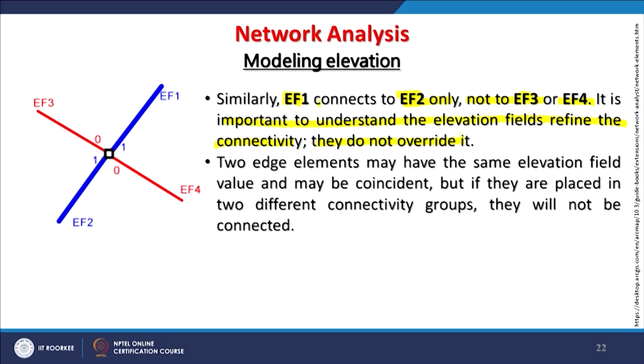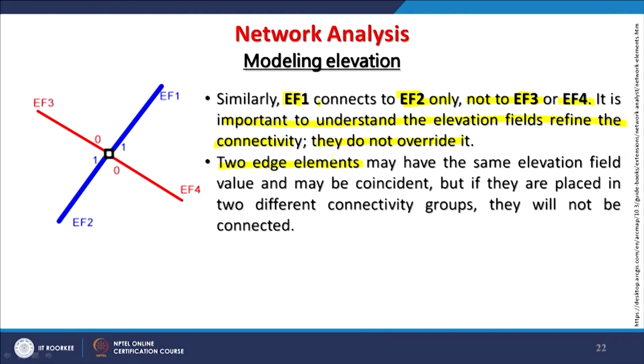As I have also mentioned, different networks, except at a junction if they are connected, may have different elevations, but a little away from junctions they may not have different elevations; they may have the same one, because this is how metro systems are developed.